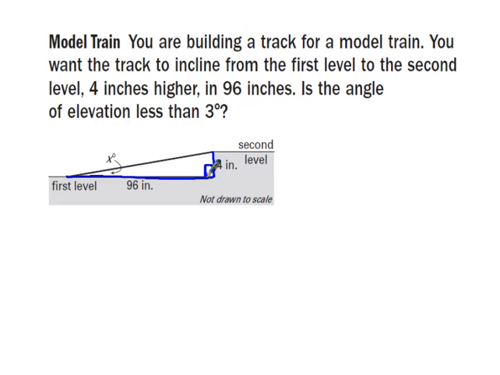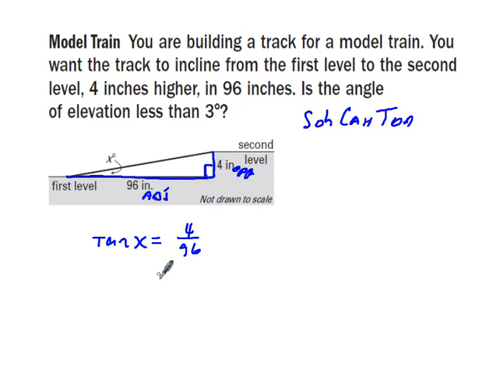So relative to this angle x, I have the opposite side and the adjacent side. And so if I'm thinking about SOHCAHTOA, I have opposite and adjacent, so I'd probably want to use the tangent function. So I'd go tangent of x equals opposite over adjacent, 4 over 96.